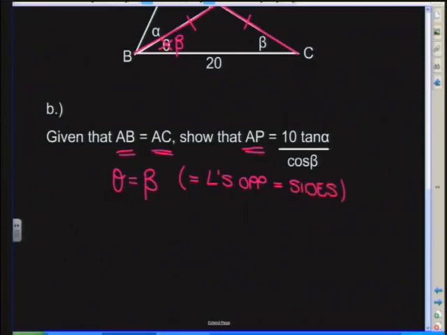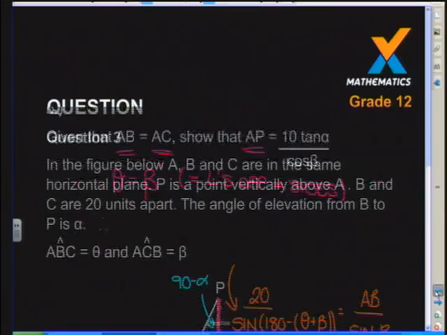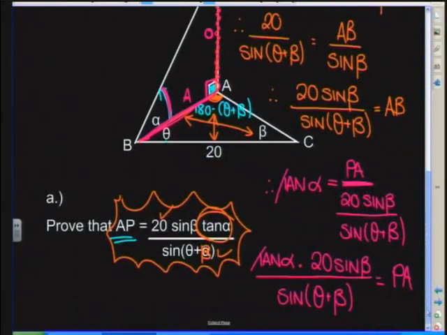Okay? So therefore, what I'm going to then do is this. I'm going to go back for a second to my previous page. And let's take what we've just proven.